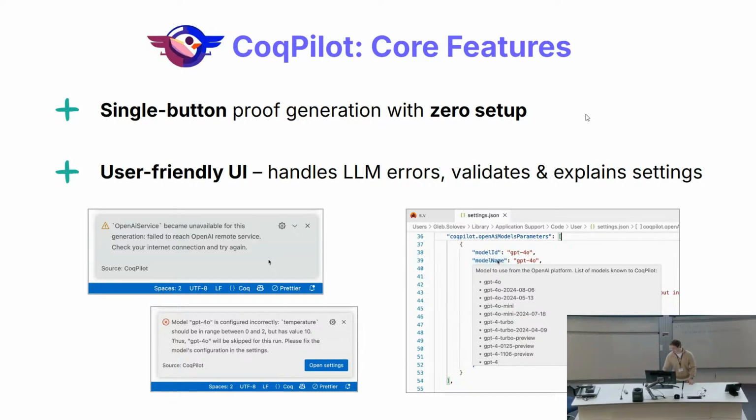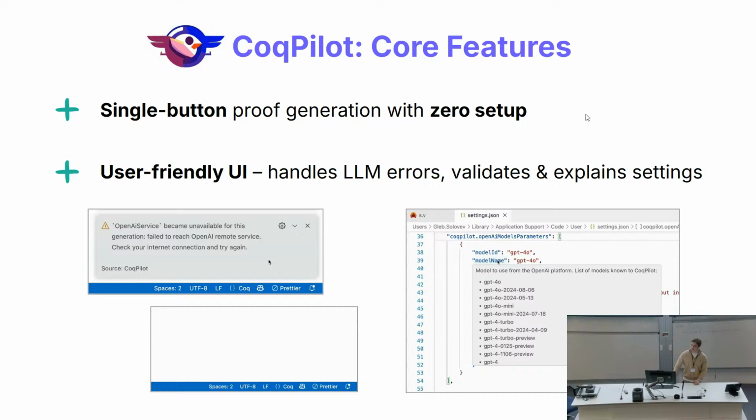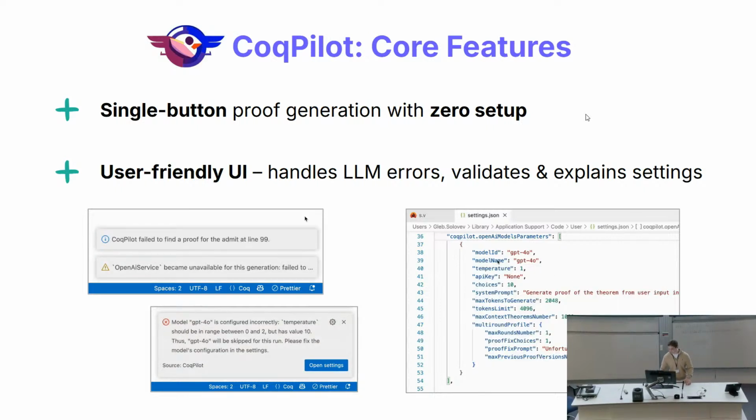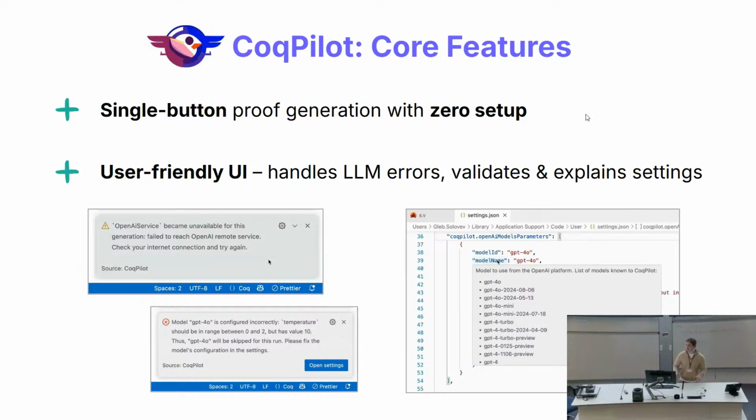Also, our settings and the parameters of the models you are using are highly configurable through settings. A good example I would like to tell you is that sometimes you may want to use a sequence of models.